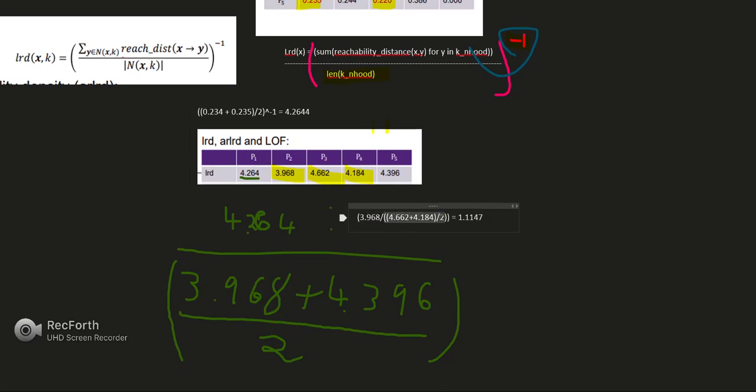Take the average of those, we divide the LRD of that point by that average, and you get a comparison of your point to the average in its neighborhood, and it is greater than that value. That is the ARLRD, the average relative local reachability density. Then guess what? To find LOF, it's just 1 on all that. Ready? Done. That's your value. That's how you do it.